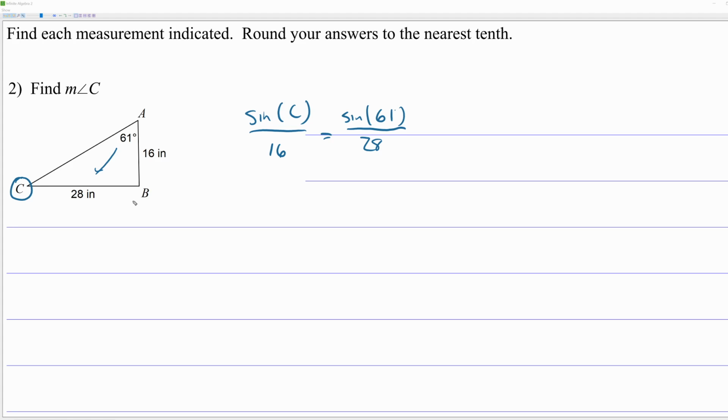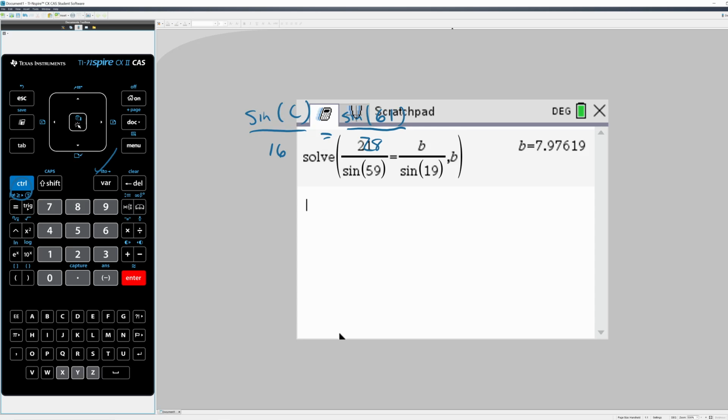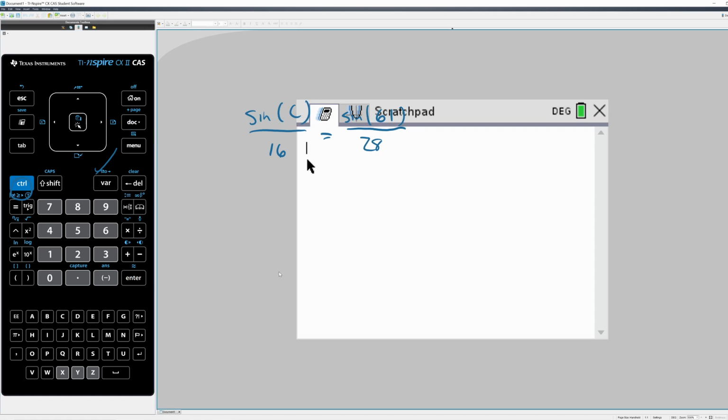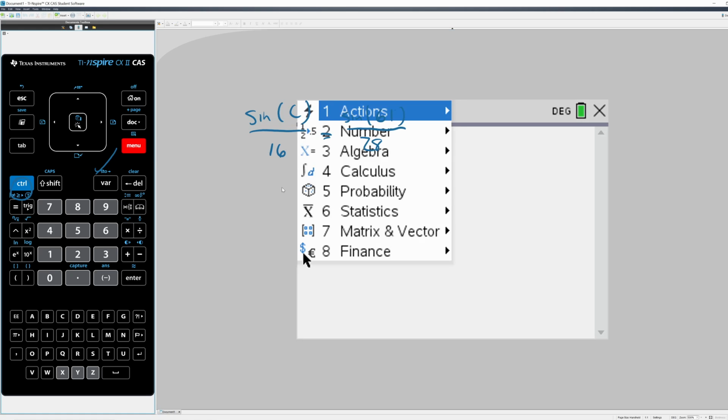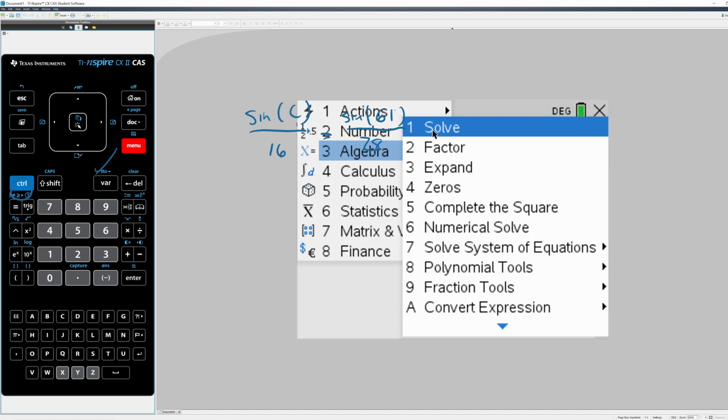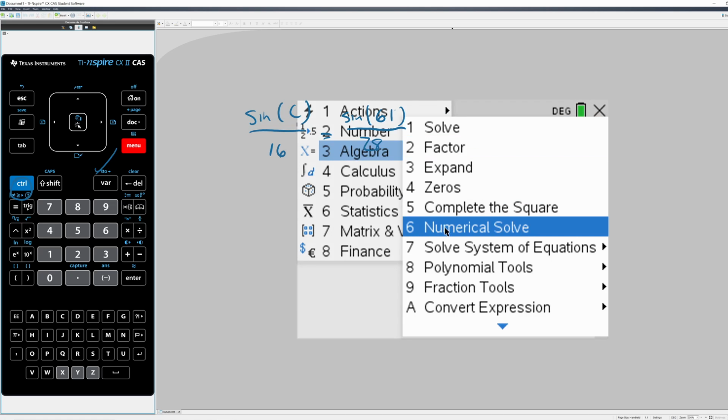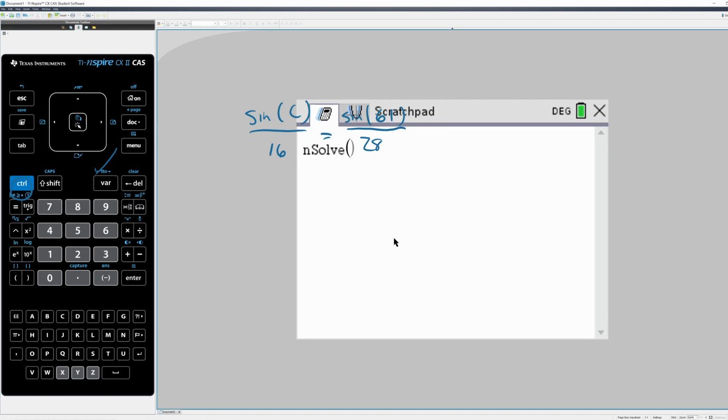Now, you can solve this sort of equation using the inverse sine function. If you just want to do it in one step in the calculator, it is important that since we're solving for an unknown angle, you use the nSolve command. So if we go menu, algebra, I don't want to use solve, rather I want to use nSolve. So we're going to numerically solve.